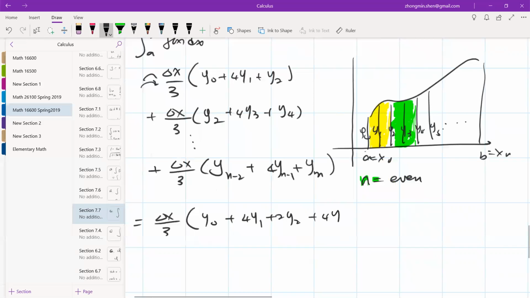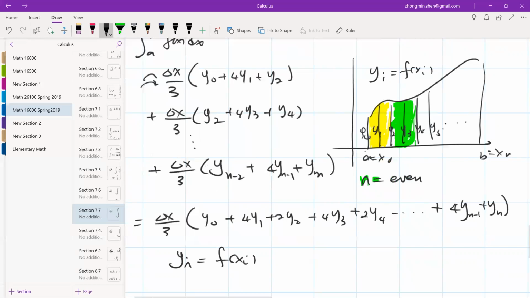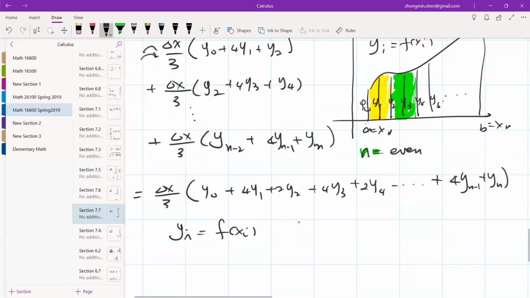And you have 4y3, and you have a double y4. Just keep it going like that. And the last term is 4y(n-1), yn. So what is yi? yi is nothing but the value of the function. So yi is going to be f of xi.